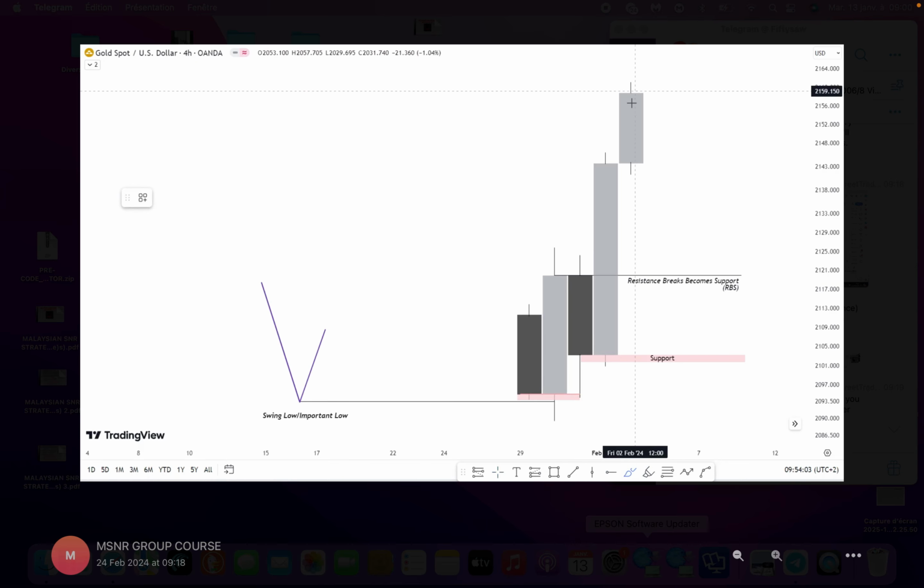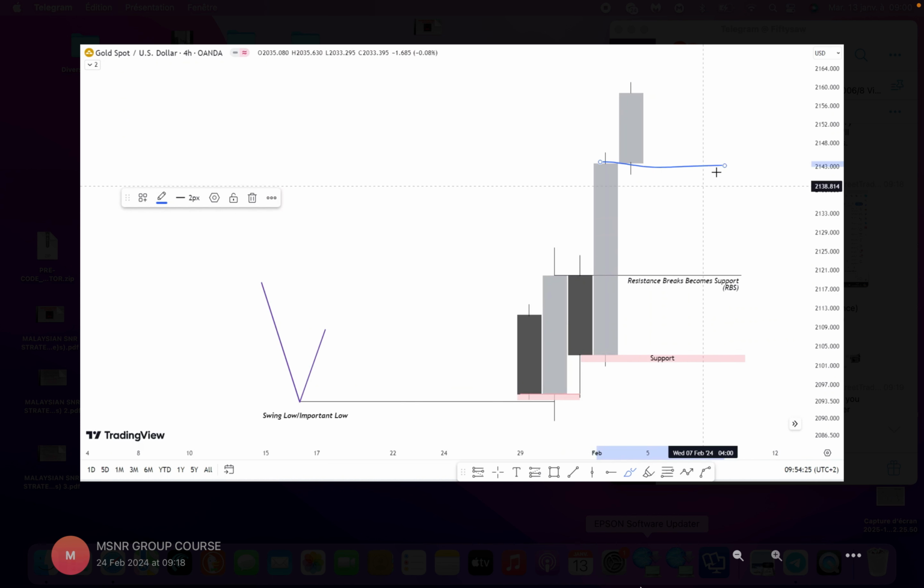I wouldn't focus here for a buy. Why? Because if I was to focus here, it means that if price does this, I have to take a buy, because you have to first start with the area that you're going to encounter. So this one is not the lowest. Take the lowest two.